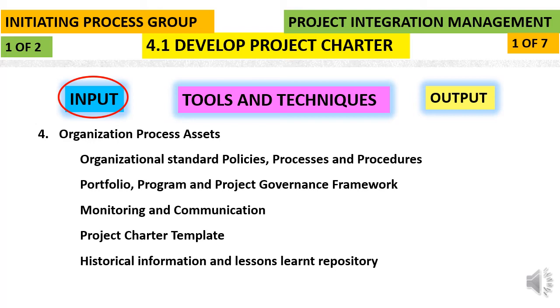So these things should also be considered and taken as an input for developing the project charter. Apart from that, each company will have its own way of executing its programs, projects, or portfolios. So we should be aware of those, and we should adhere to those frameworks before coming up with the project charter.